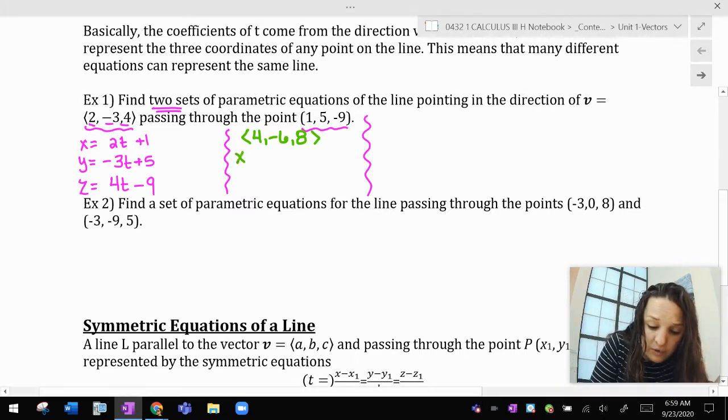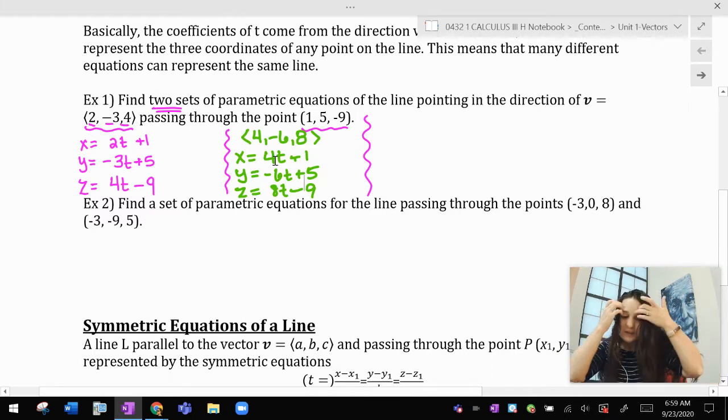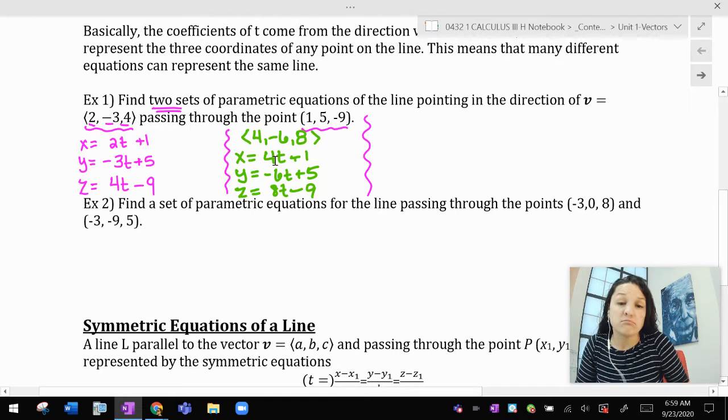So another set of parametric equations could be x equals 4t plus 1, y equals negative 6t plus 5, and z equals 8t minus 9. I didn't mean 6, I meant 5. Pardon me. I'm using the same initial point: 4, negative 6, 8, and the point is 1, 5, negative 9.